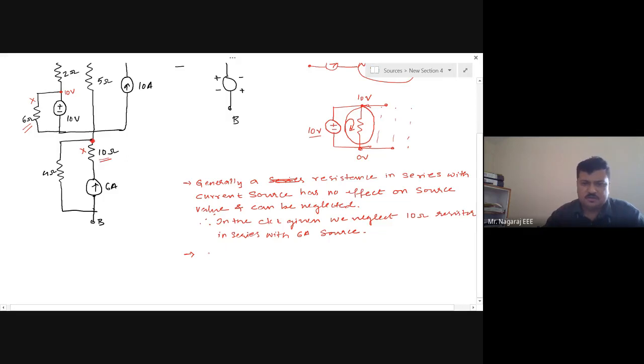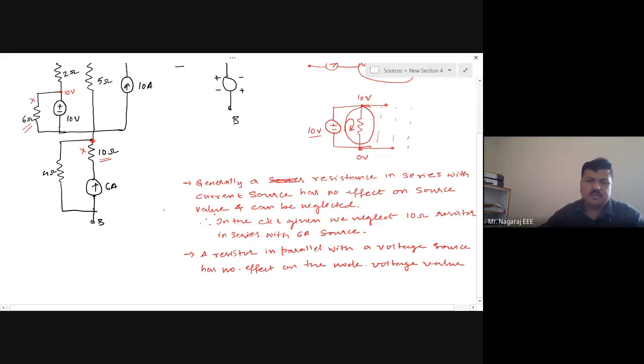A resistor in parallel with a voltage source has no effect on the node voltage value, because whether the 6 ohm is present here or absent here, this voltage will be 10 volts only. So it can be neglected.